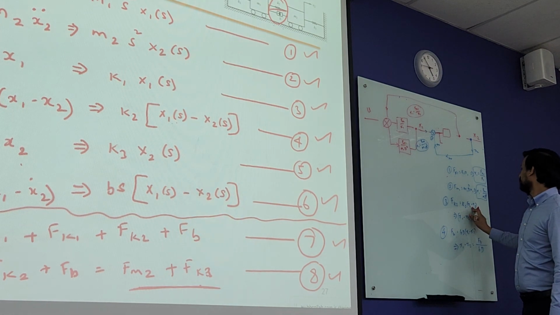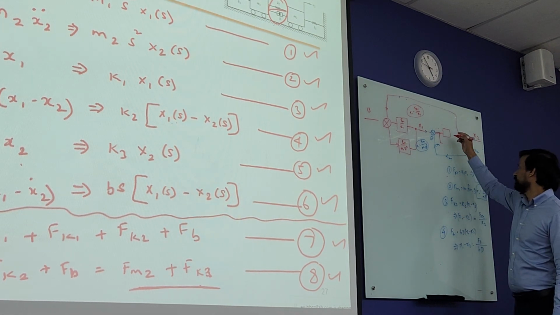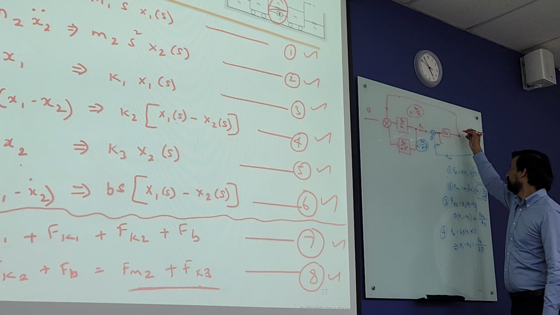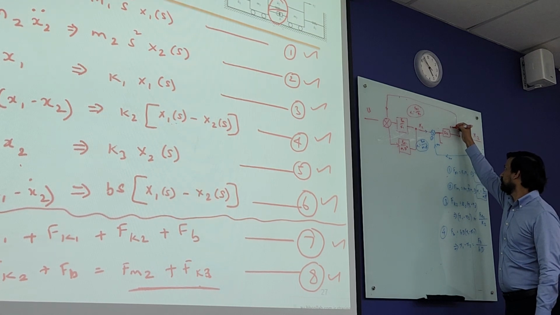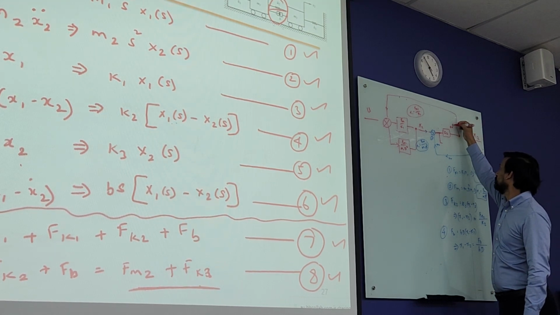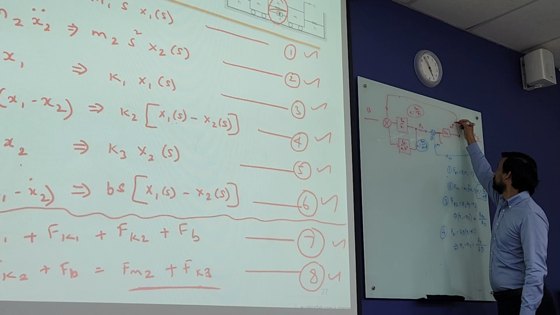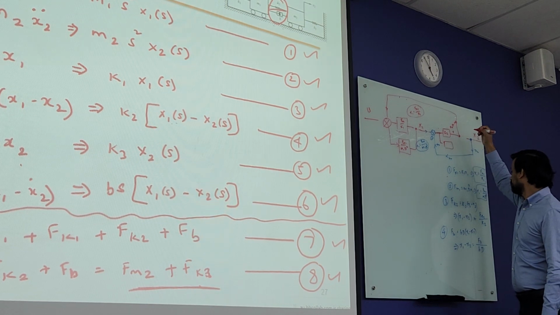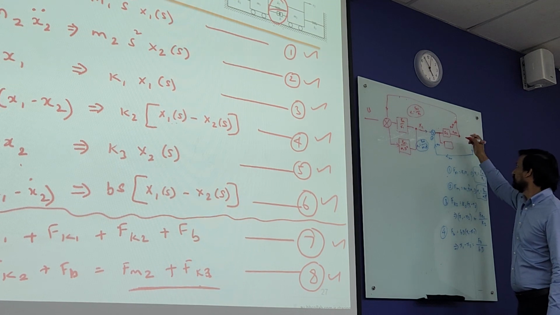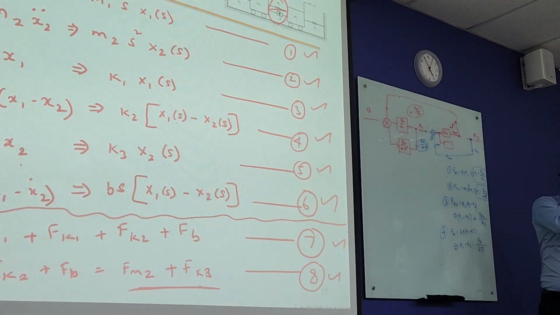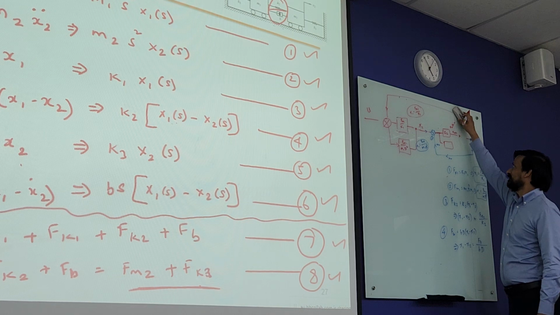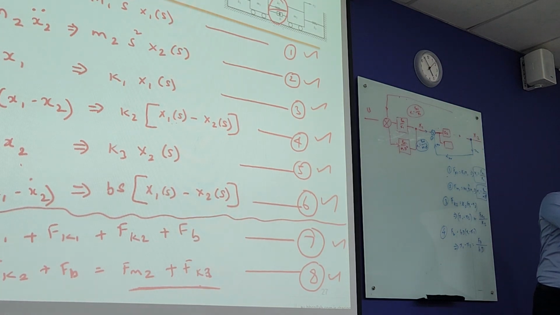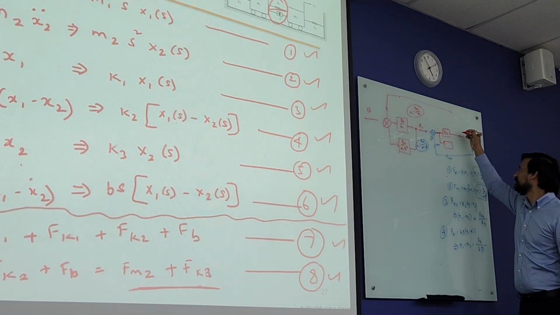So we have x1 and x2, and when I multiply with k2, what we will get here is k2 times (x1 minus x2). Sorry, let me rearrange this another way, it's much easier.